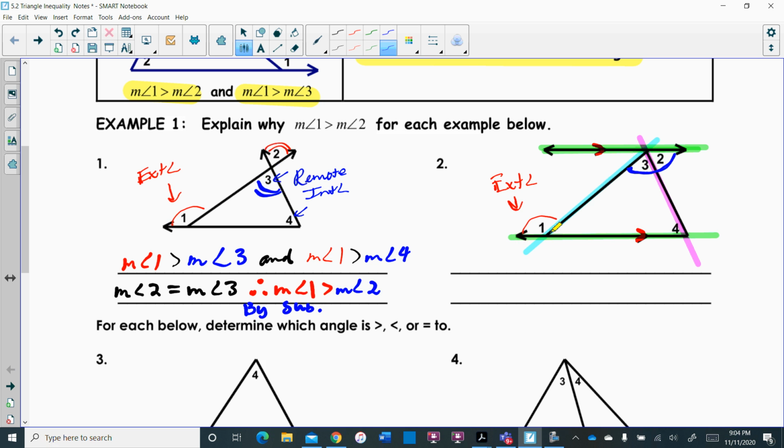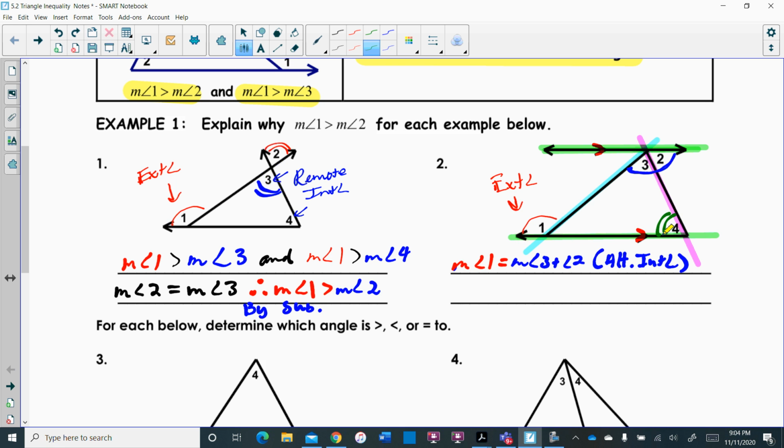So I know that the measure of angle 1 equals the measure of angle 3 plus angle 2, because they are alternate interior angles. Now, if I also look at the other transversal, I have angle 4.